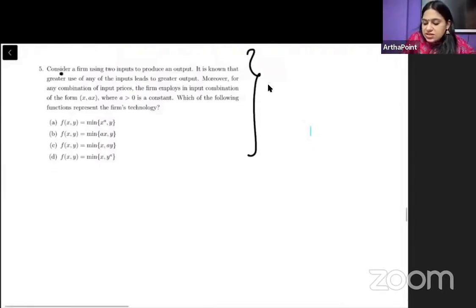It says, consider a firm using 2 inputs. It is known that greater use of any input leads to greater output. But for any combination of inputs, the firm employs input in the combination x, ax. Right? So the input combination used by the firm is x, ax. But this implies that, because it is saying that it has to use the 2 inputs together, that means I have to use the min function.